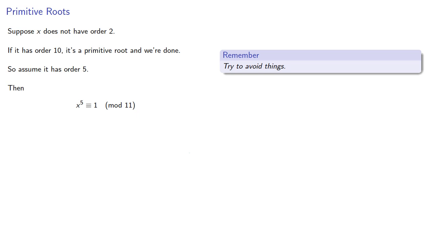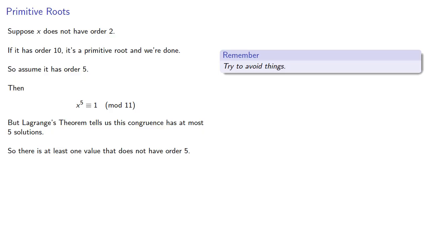But since 11 is prime, Lagrange's theorem tells us this congruence has at most 5 solutions. So there's 10 values mod 11, but 5 solutions are here, so there's at least one value that does not have order 5. Now if that element has order 10, we're done, so let's try to avoid that, and suppose that element has order 2.